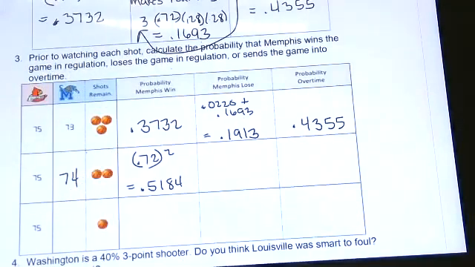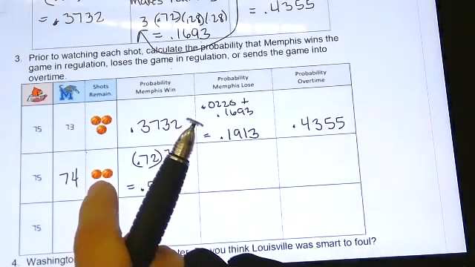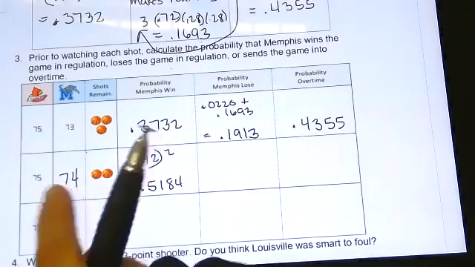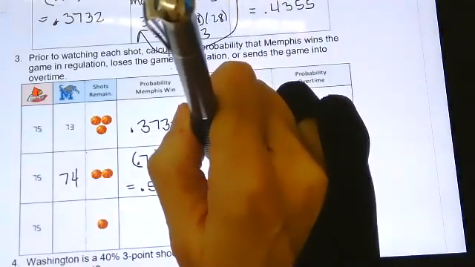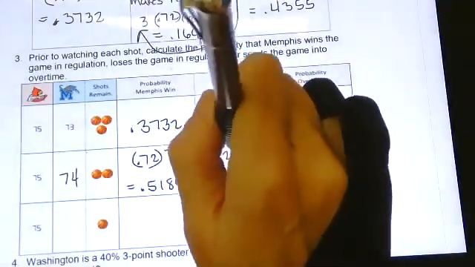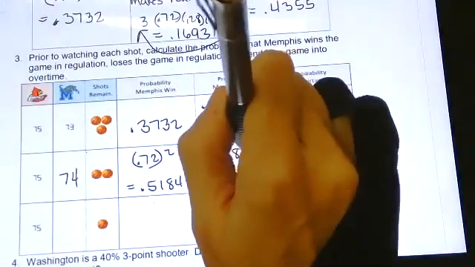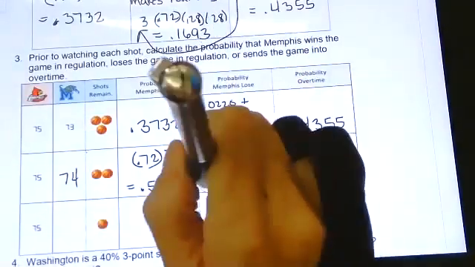After he makes the first shot, the chances of winning have gone up because he already made 1 shot, so now he only has to make 2. The chances of losing the game: they will lose if he misses both of these, because they'll lose by 1 point. So in order for them to lose the game, he has to miss 2 shots in a row.